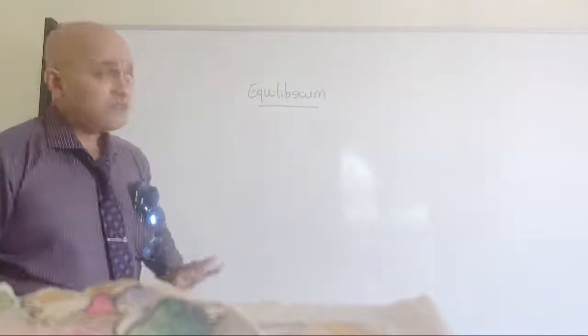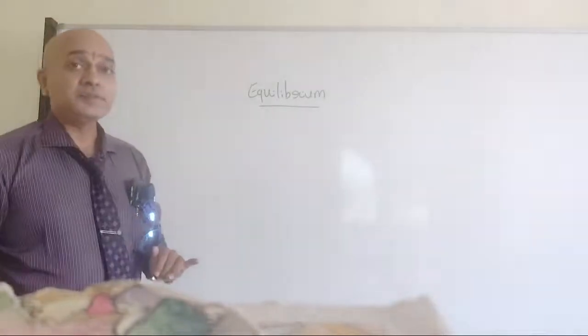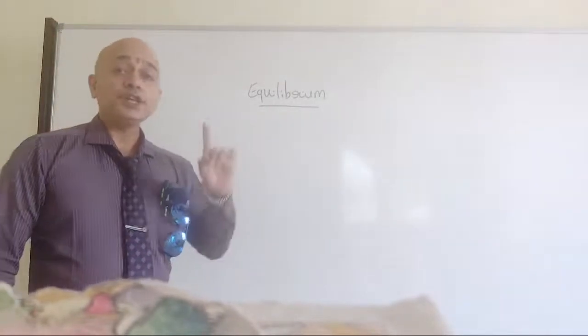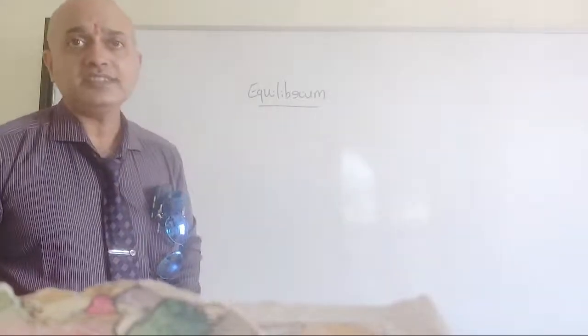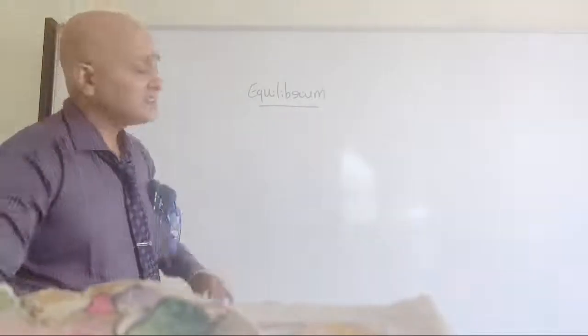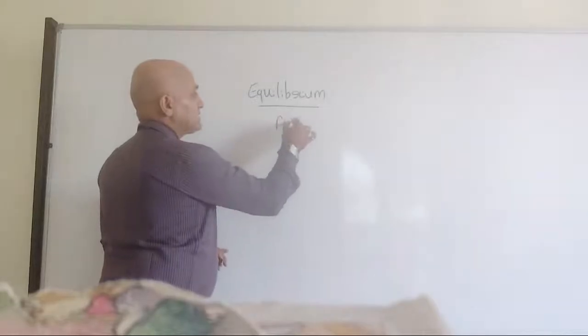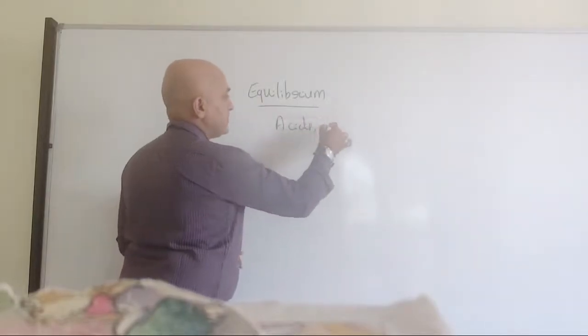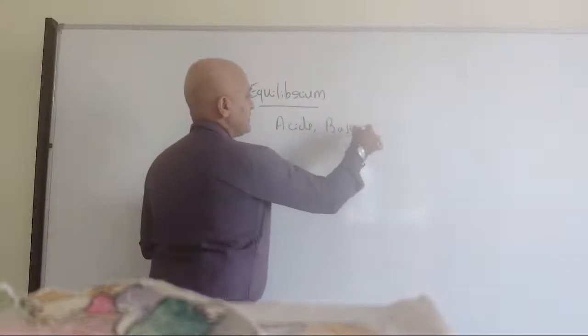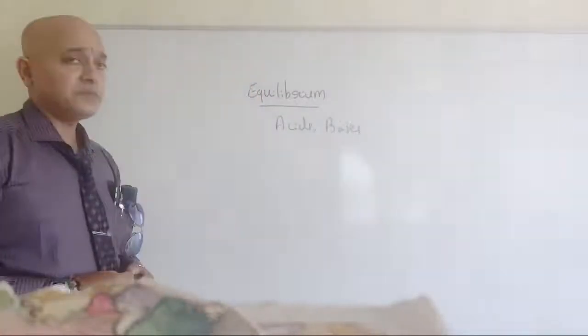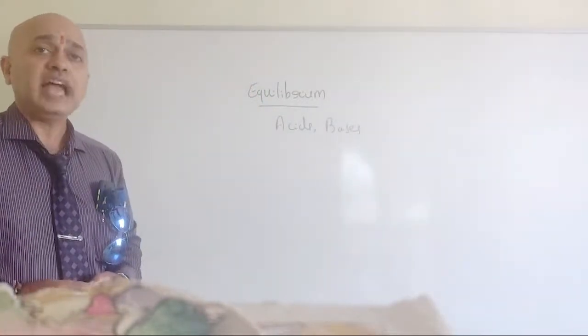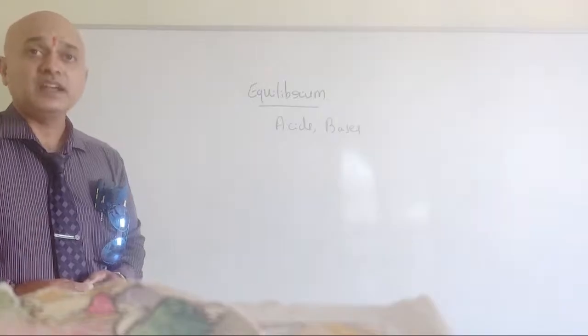Fine. Now we will come to the next part, which you people have studied in your high school, 10th standard only, right? So that is acids, bases. We are going to discuss majorly these two, acids and bases.